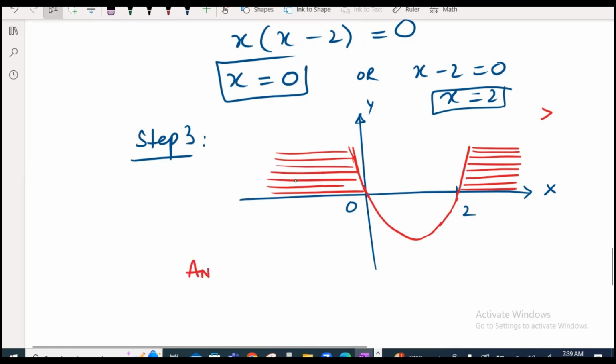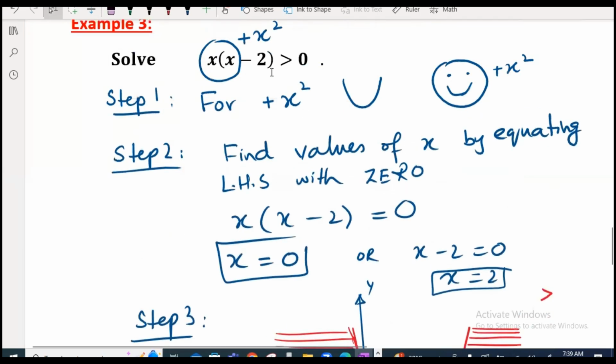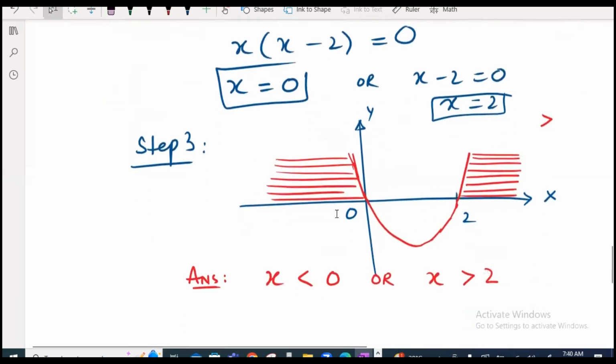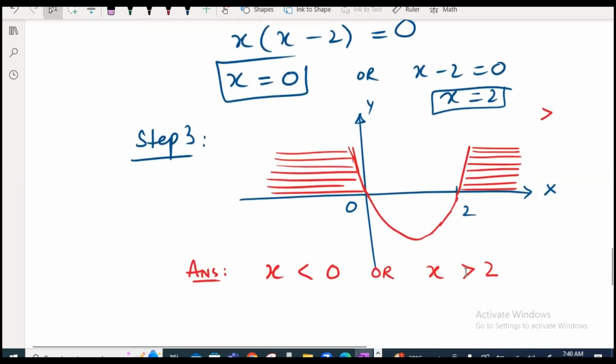So the answer will be x is less than 0, or we can say x is greater than 2 here. Don't write the equality sign here, because in the original question there is no equality sign, only inequality. So don't write the equality sign here.